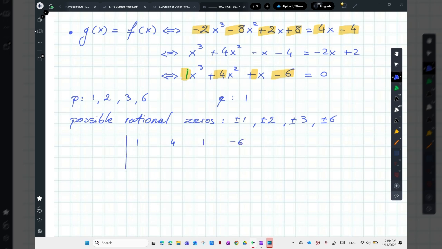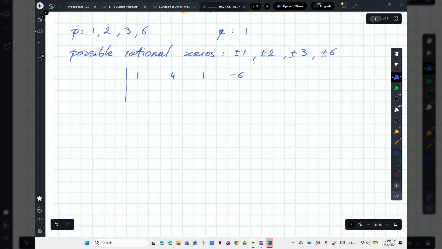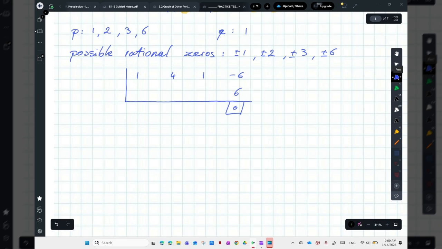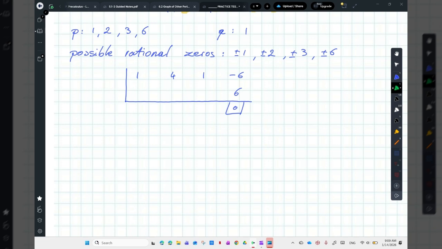You have to try out all those possible rational zeros until you have one that works and gives you a remainder of 0, and then you will be able to use the factor theorem. So here I've done it just before, so I know that 1 is working. 1 plus nothing is 1, times 1 is 1, plus 4 is 5, times 1 is 5, plus 1 is 6, times 1 is 6.